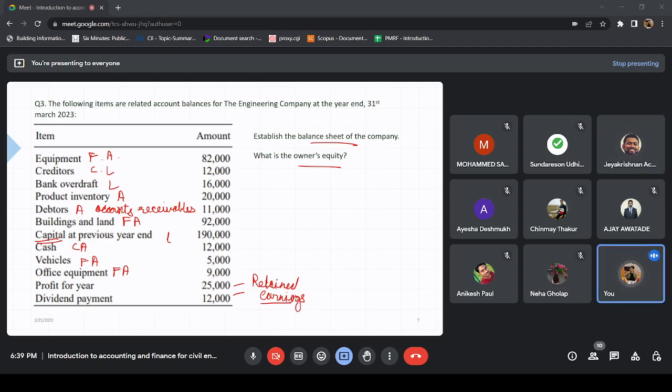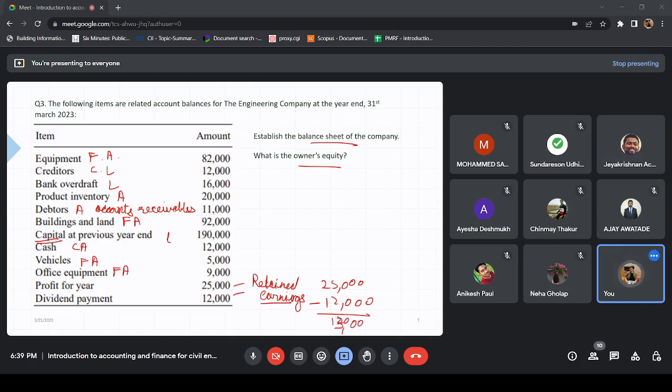Initially, when you sold something and earned some profit, your retained earnings would have been equal to profit, 25,000. But at the end of the year, you want to give dividends to your investors, which reduces your retained earnings, right? So minus 12,000 brings your retained earnings to 13,000.